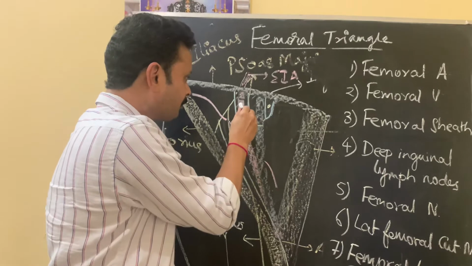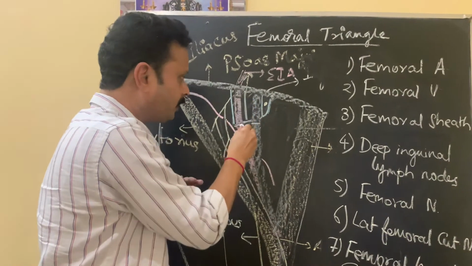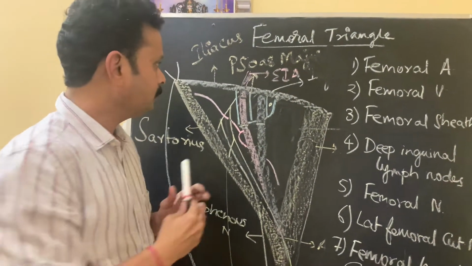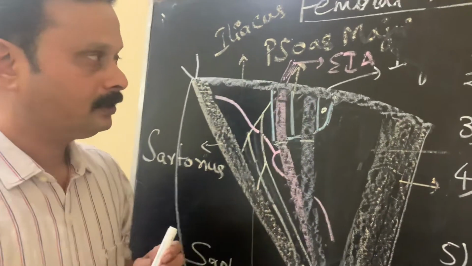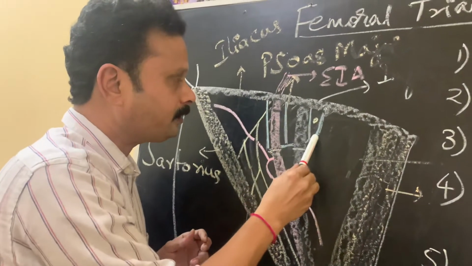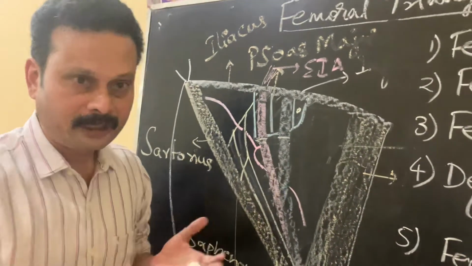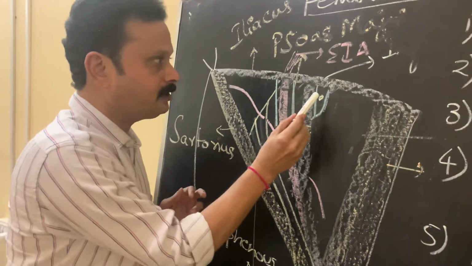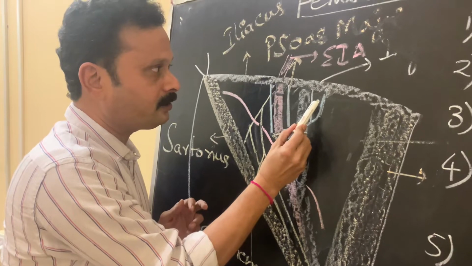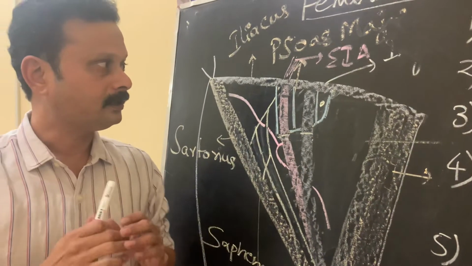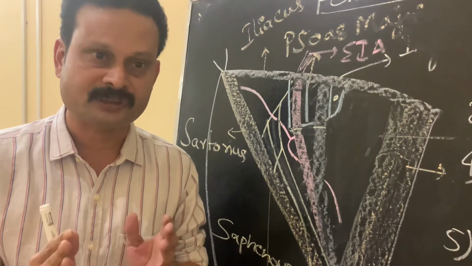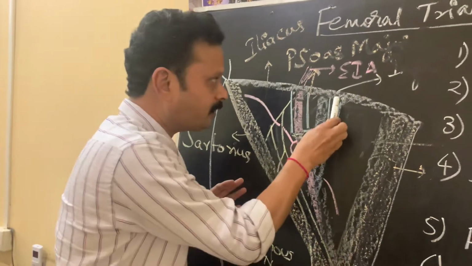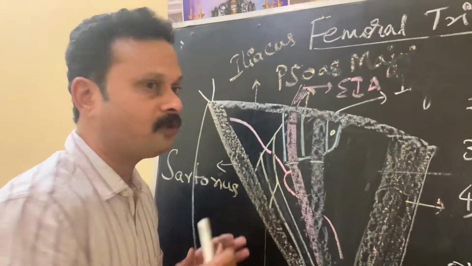The lateral compartment contains the femoral artery. The middle compartment contains the femoral vein, and the medial compartment, which is almost empty, contains only a lymph node. That lymph node is called the lymph node of Cloquet or lymph node of Rosenmuller, and this medial compartment is called the femoral canal.